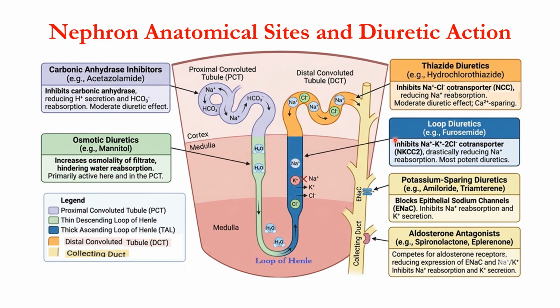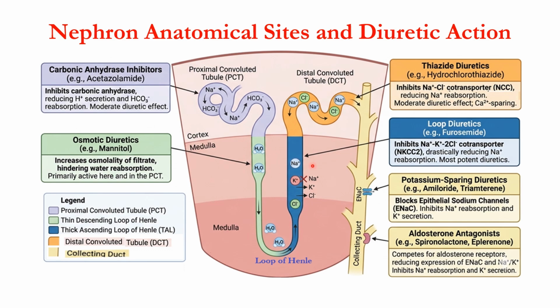The loop diuretics, as the name indicates, act on the loop of Henle, particularly on the ascending loop of Henle, so that they can inhibit the sodium-potassium-chloride co-transporter and drastically reduce the sodium reabsorption. These loop diuretics are the most potent diuretics.